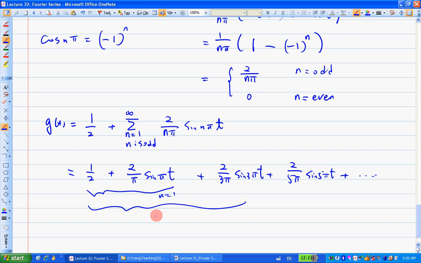This is n equal to 1, this is 2 terms, or n equal to 3 here. This is up to n equal to 5 now.